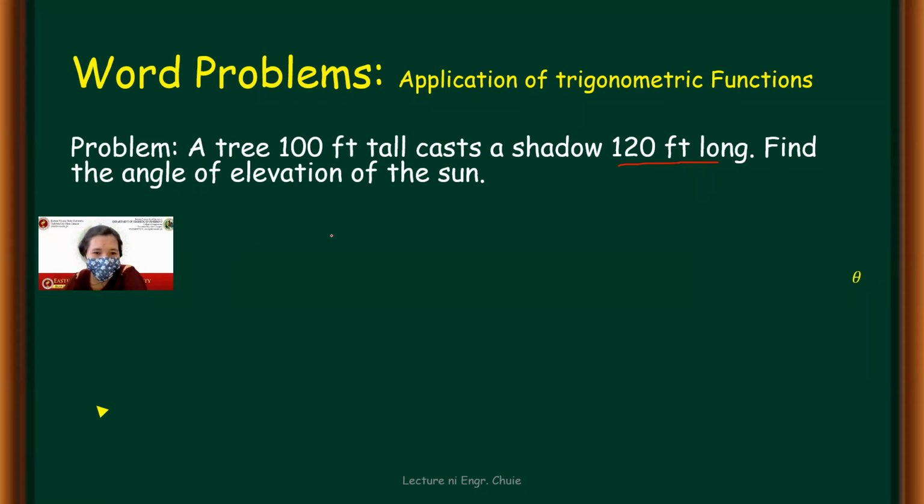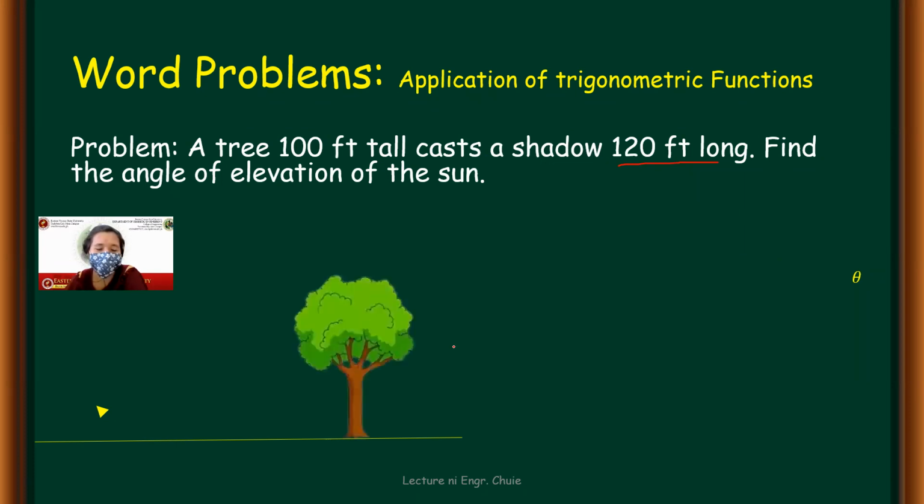So, if we are going to illustrate this one, we have the ground. Syempre yung ating ground will serve as the horizontal line. Then, magtatanim tayo ng kahoy. Then, there is the sun that rays upon the tree. So, kung nandiyan ang sun, this will create a shadow somewhere here on the ground, di ba?